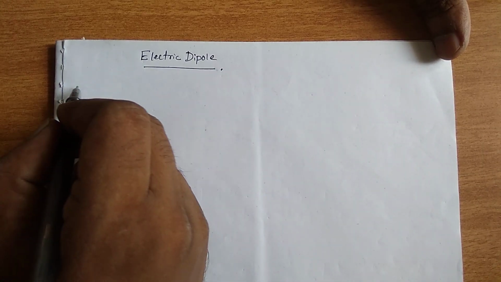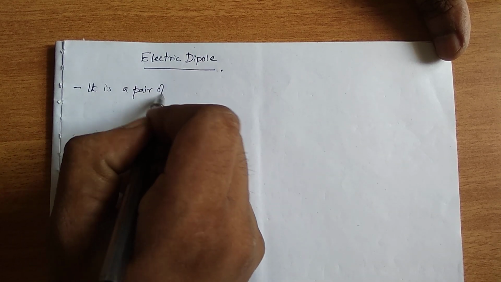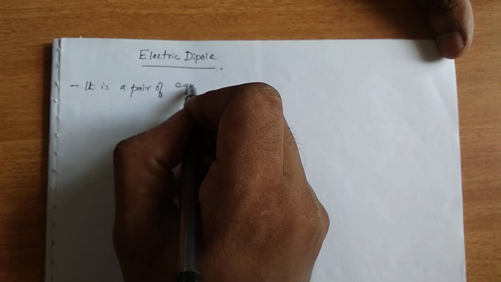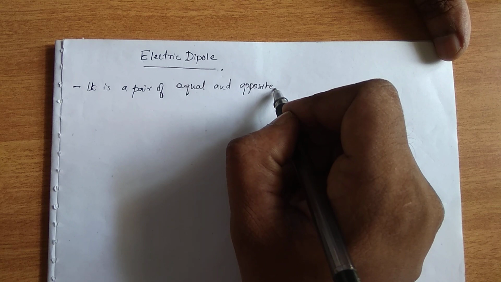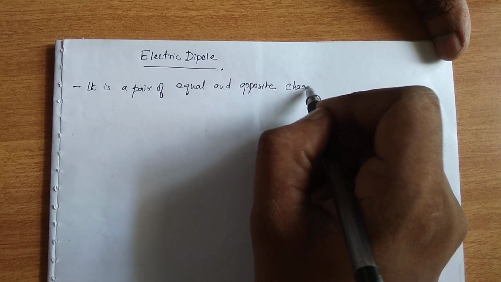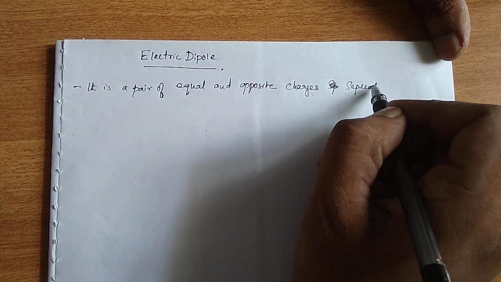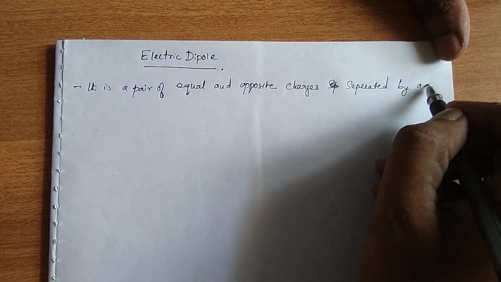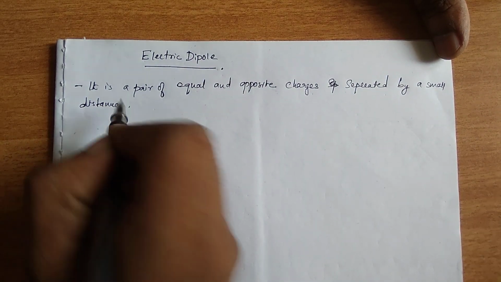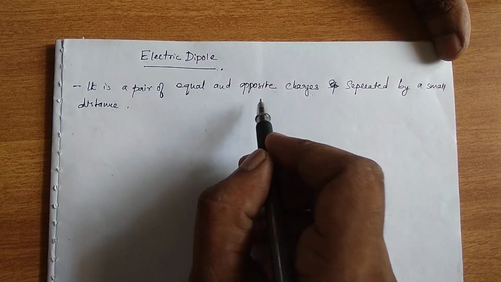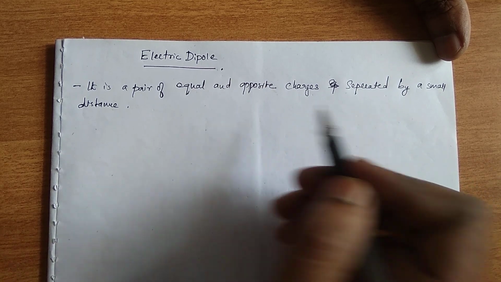Electric dipole means it is a pair of equal and opposite charges separated by a small distance.